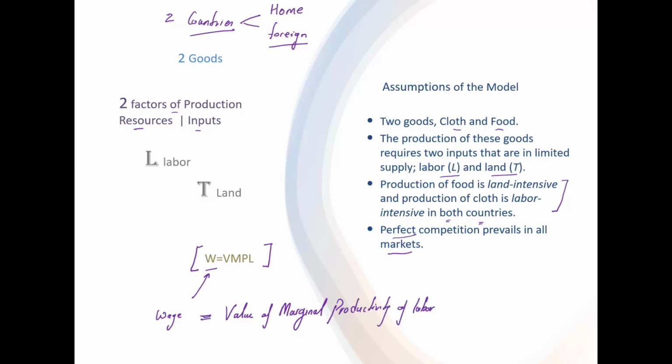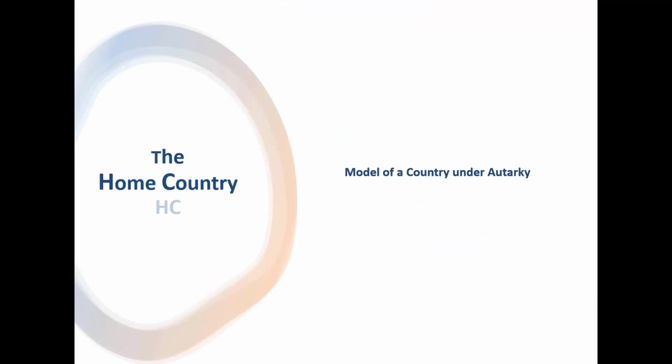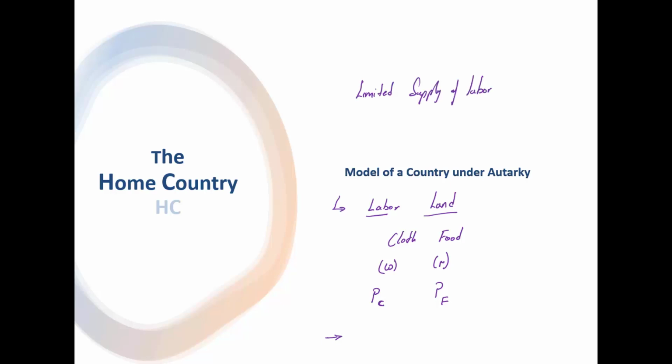Okay, so these are the assumptions of our model. Home country right now is a closed economy, and there are two resources, as we know, labor and land. And we'll assume that labor and land are mobile across sectors, cloth and food. Also, that countries' resources are scarce. That means there is a limited supply of labor and land.